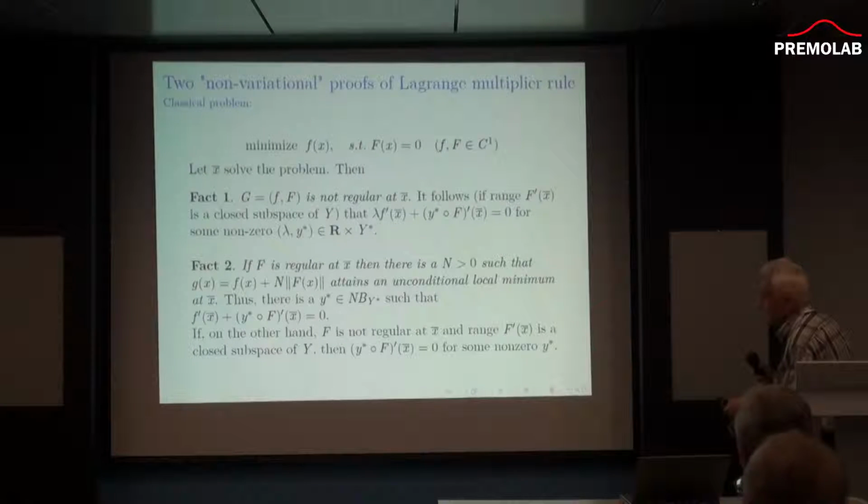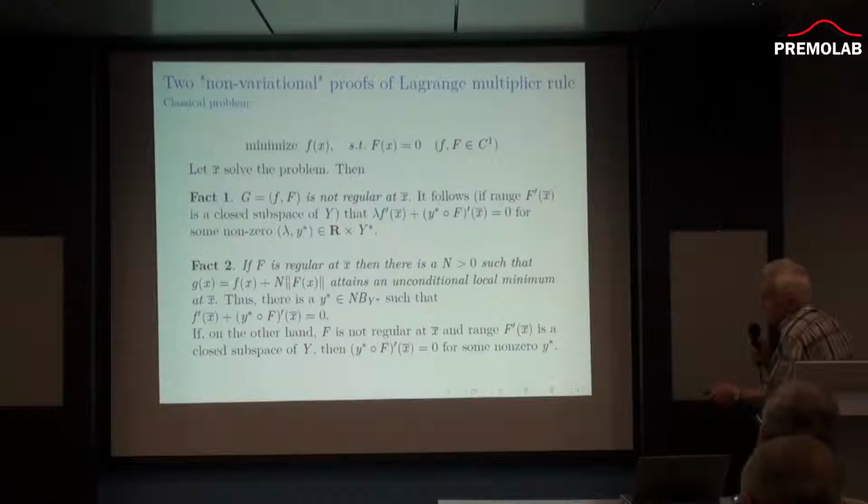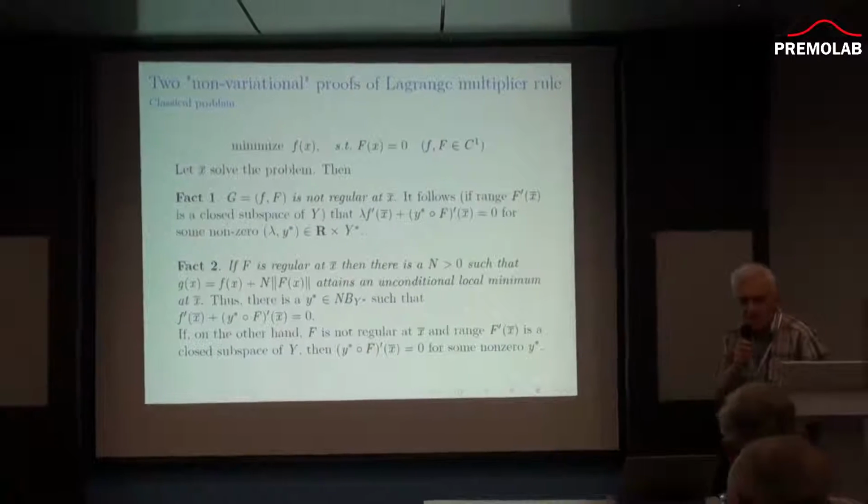This is a little bit longer, but also very elementary. If f is regular at x bar, then we can easily check that f small is a Lipschitz function. Then this function attains an unconditional minimum at x bar. And this function is simple, so we can write the necessary optimality condition with this function using elementary convex analysis very simply.